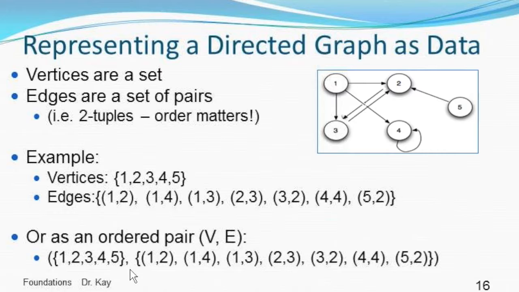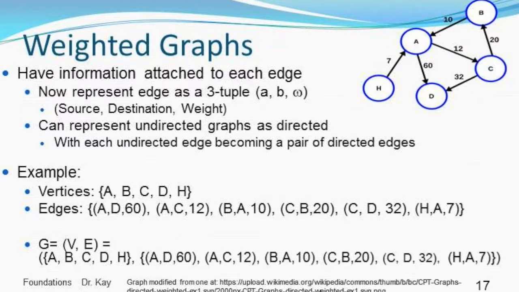So here's my ordered pair. There's the vertices, the elements 1 through 5. And over here, we've got all the edges. There's an edge starting at 1 and going to 2, starting at 1, going to 4, and so on. And notice that this is a set of edges. Each element, each edge in our directed graph is in fact a pair.